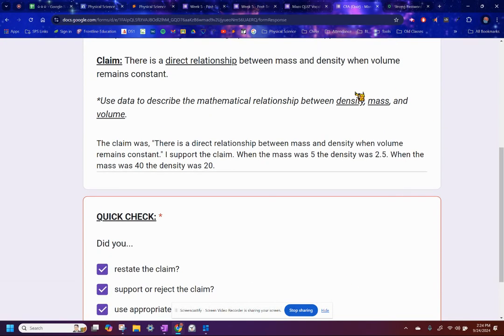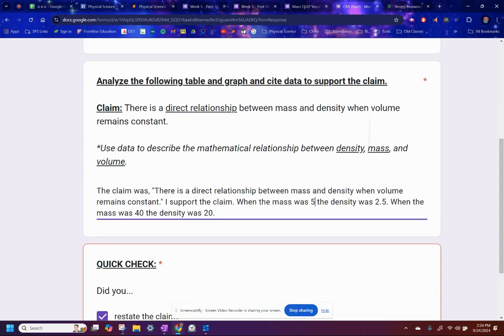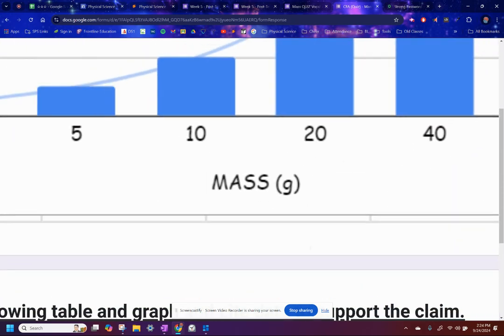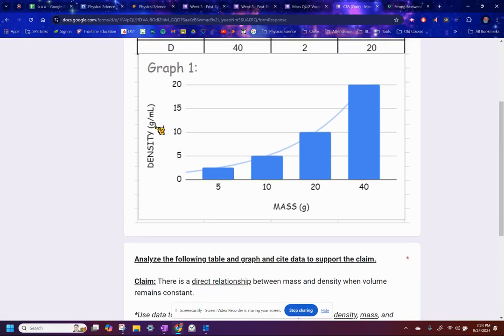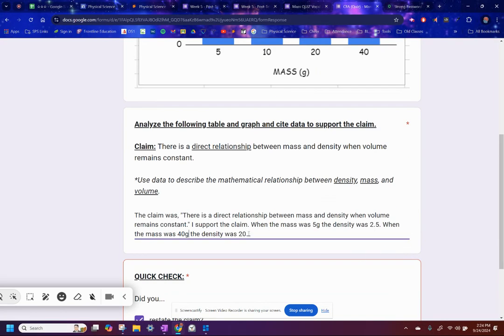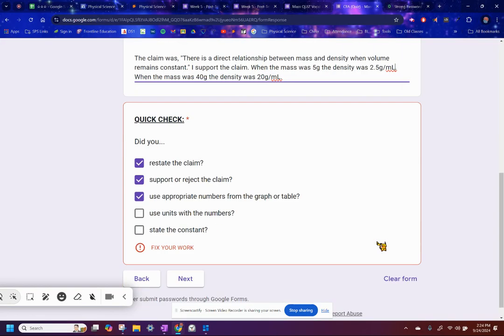So when the mass was 5, that's going to be grams. And I'll do grams for this one too. The density was 20. What is the unit for density? Oh, grams per milliliter. Got it.